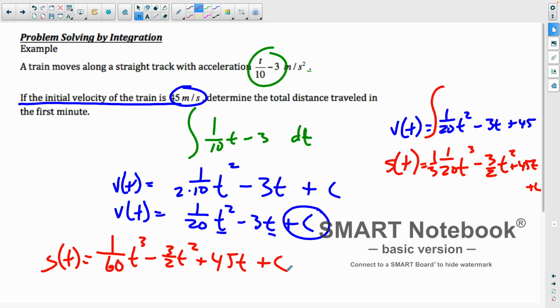Now, earlier we went backwards and found the exact problem, but I don't have c, and c would be my starting location. Do I need to know the starting location to determine the total distance traveled? It might be helpful, but I don't necessarily need it because I'm going to end up subtracting my distances.